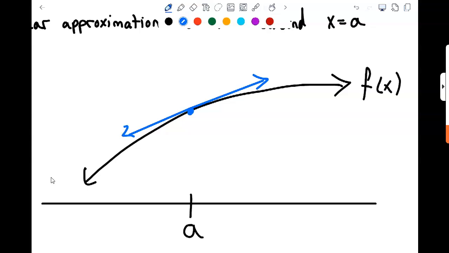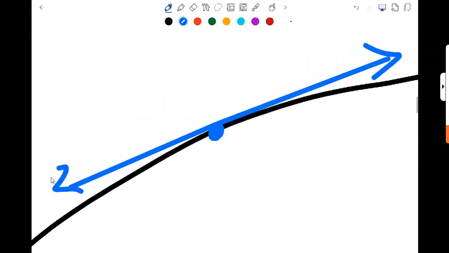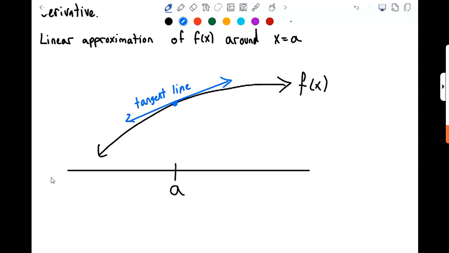And so that tangent line, notice that as long as you're really, really close to the point, the tangent line's really, really close to the function. Now, the further away from the point you get, the further the tangent line gets from the function. But at least really close, it's a decent approximation. So we approximate the function with its tangent line.